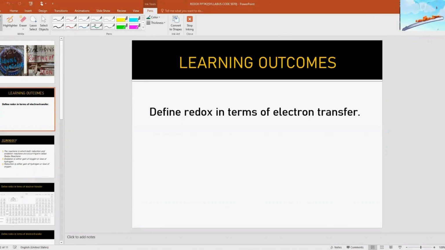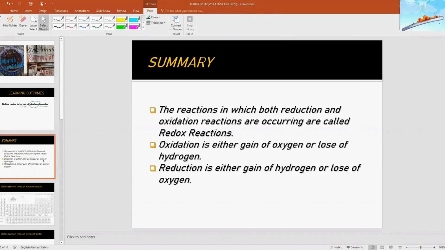Define redox in terms of electron transfer. Here's the summary of the last lesson. The reactions in which both reduction and oxidation reactions are occurring are called redox reactions.